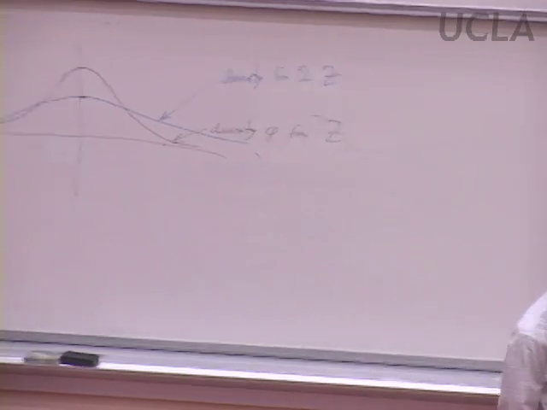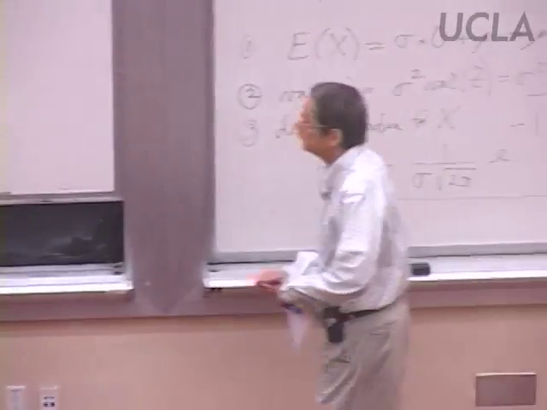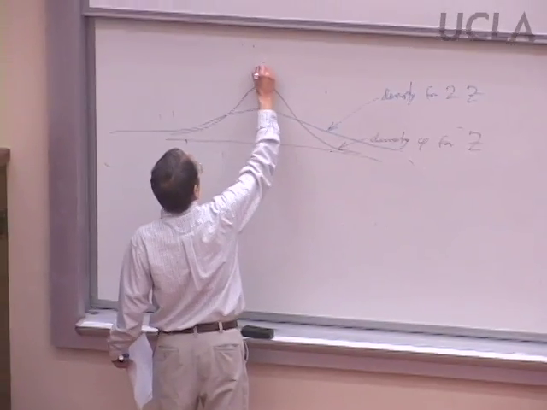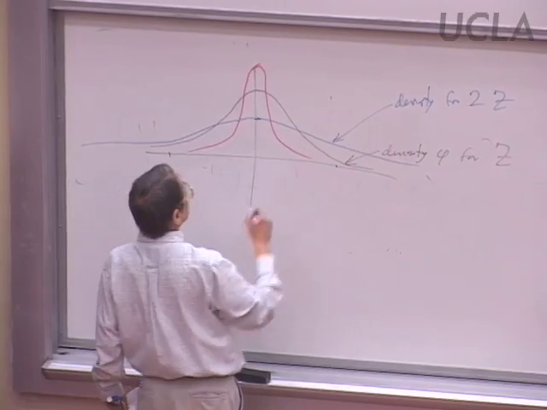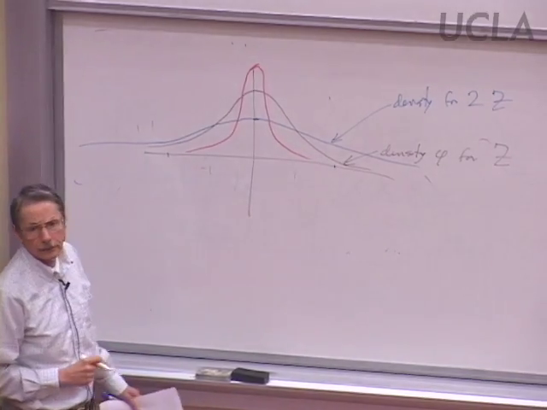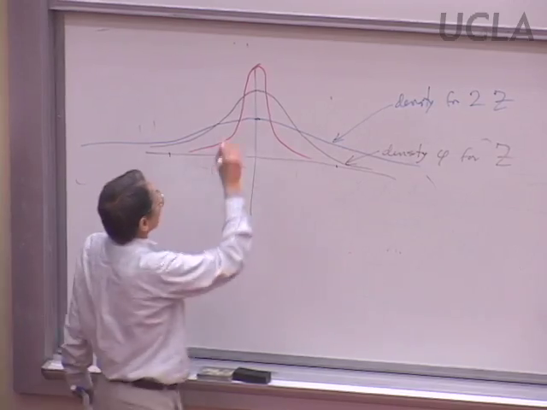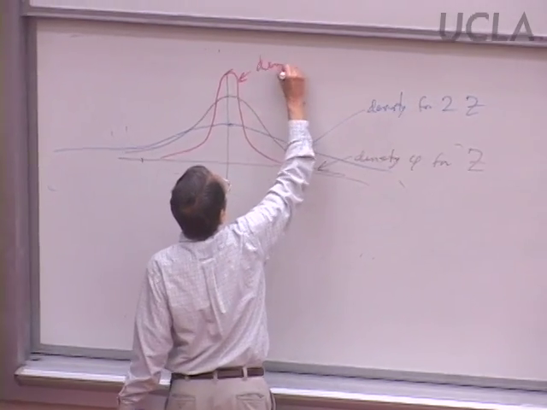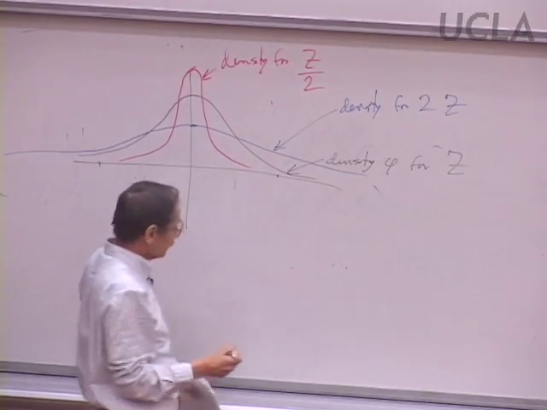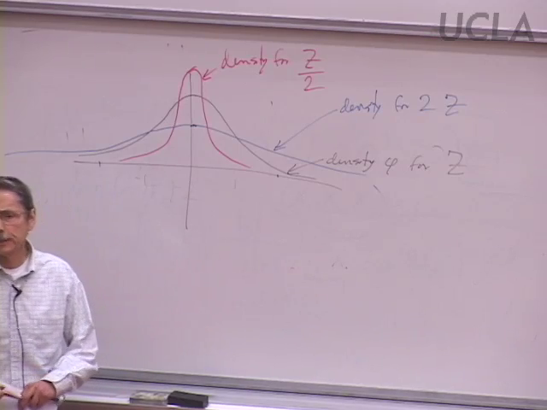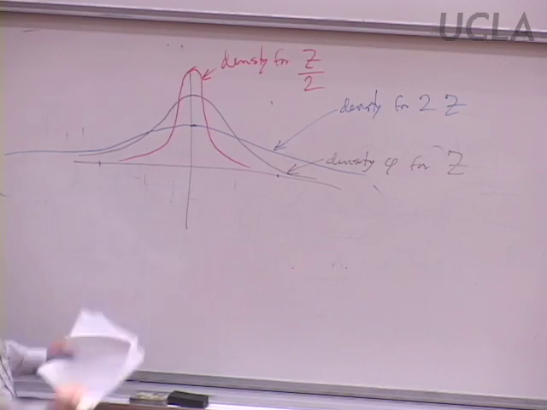What if sigma is a half? The density function for 1/2 Z, well, things are bunched more tightly around 0. Z over 2 still has mean 0, but the standard deviation is a half.